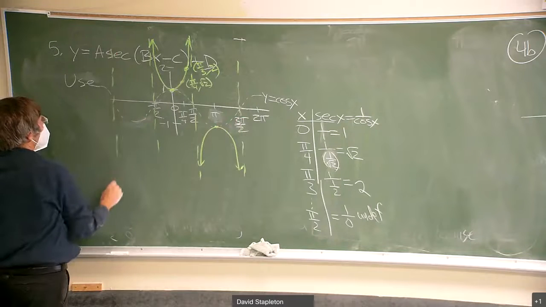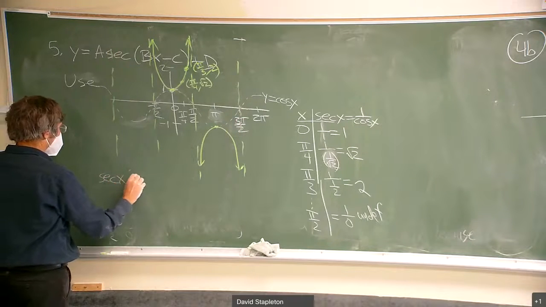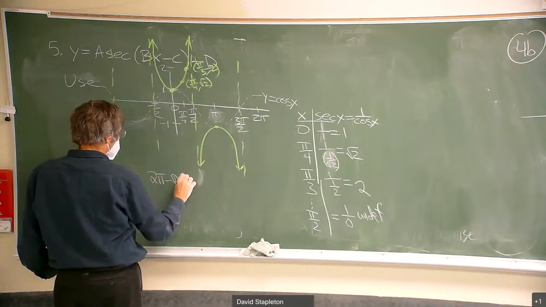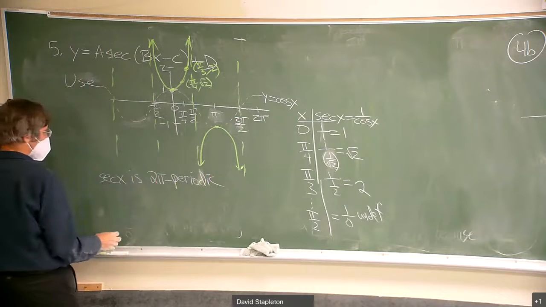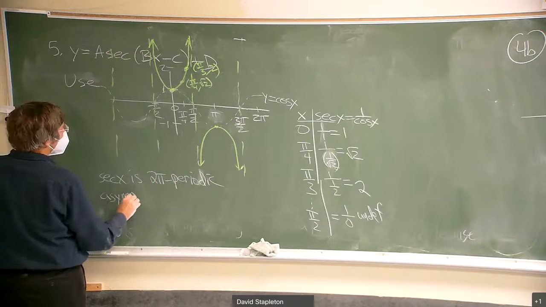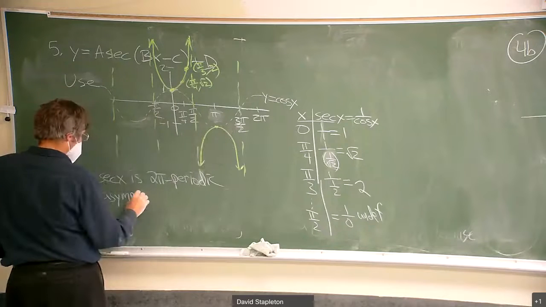Now what we notice is that secant is 2 pi periodic because cosine repeats every 2 pi units. And this is just its reciprocal. It has asymptotes. Well, let's see. Again, minus pi over 2, pi over 2, 3 pi over 2.